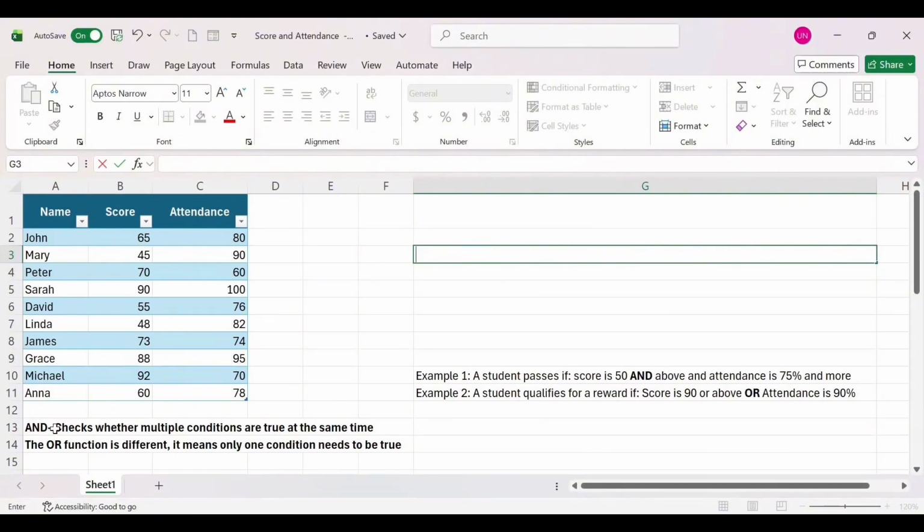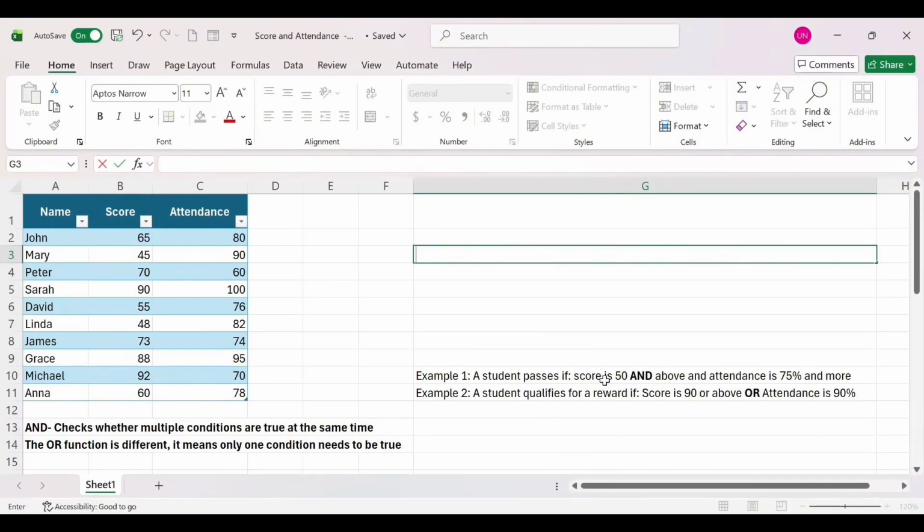Now the AND function, what does it do? It checks whether multiple conditions are true at the same time. For example, for the criteria that says a student passes, what is the criteria? They score 50 and above and attendance is 75% and more.